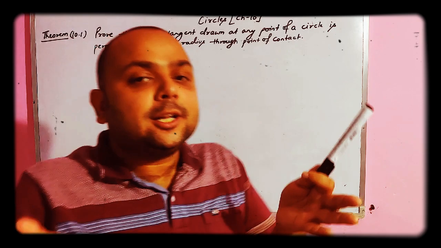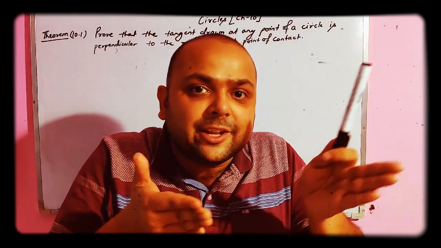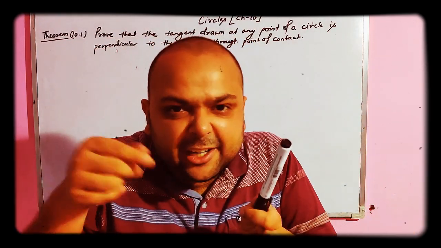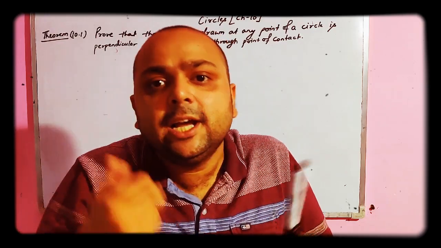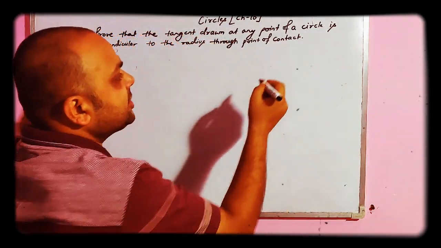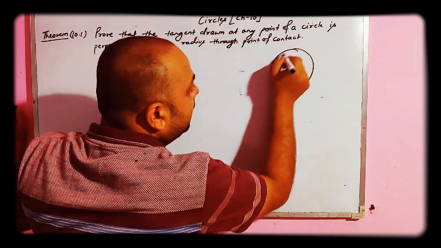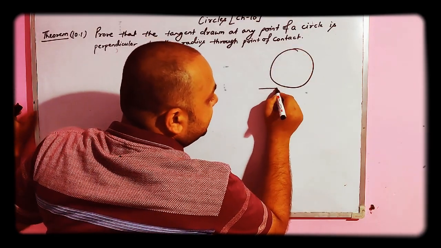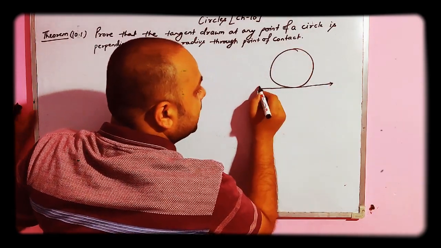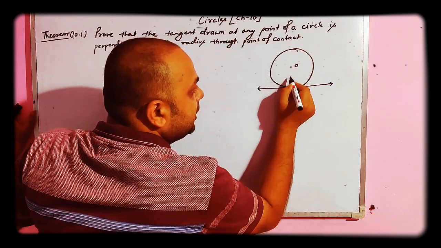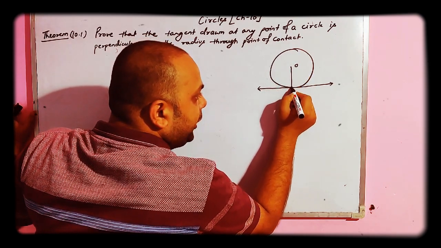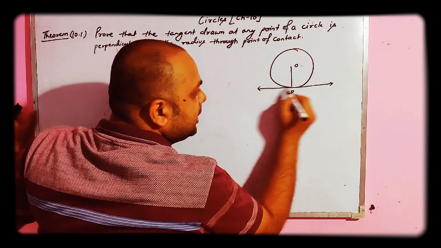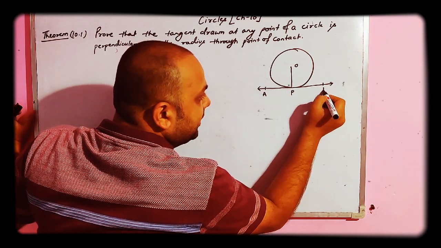That is, the angle between the radius and the tangent at the point of contact is 90 degrees. For this we are doing the construction. This is the circle, this is the tangent, this is the center joining the point of contact P. This is A and this is B.